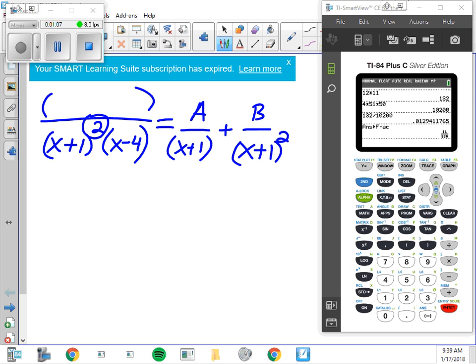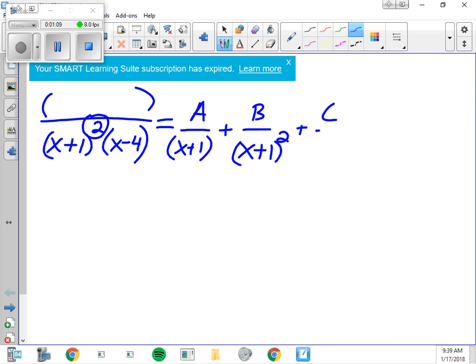And then x - 4 also needs 1: C over (x - 4). So this gets a fraction, this gets a fraction, and this gets a fraction. Every factor gets its own fraction, and any factor that has an exponent also gets its own fraction.